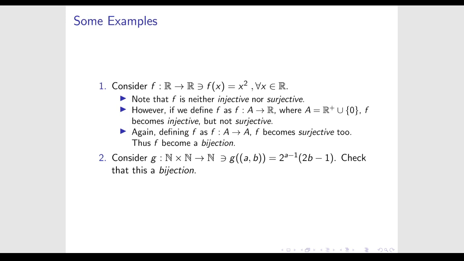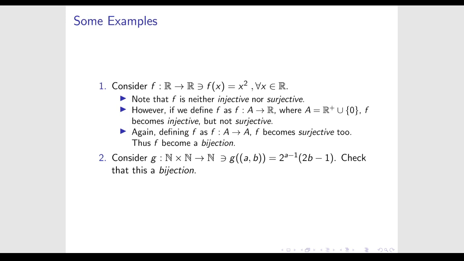However, if we define f from A to R where A is the set of all non-negative reals, f becomes injective because now the negative reals are not with us, hence 4 is mapped to only by 2, and similarly for other reals. But still f is not surjective because of the negative reals.